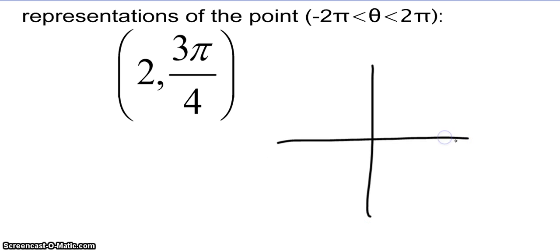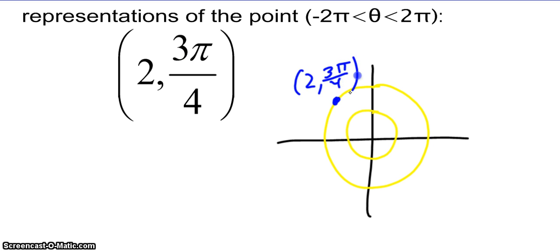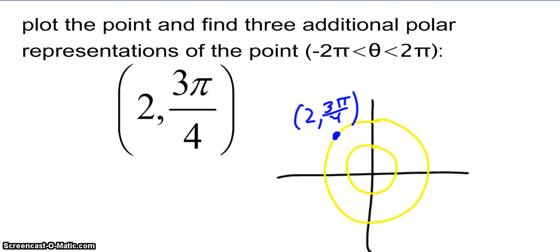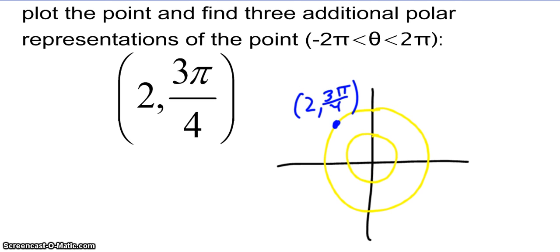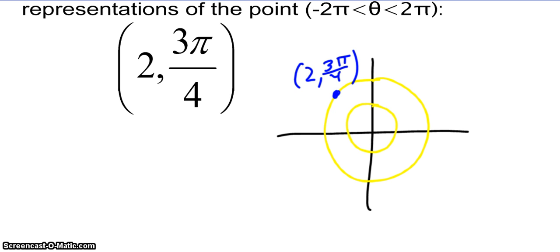So 3 pi fourths is in the second quadrant, and if I draw, let's say that's 1, let's say that's 2, so 2, 3 pi fourths is going to be approximately here.